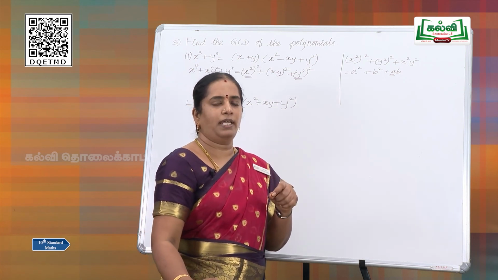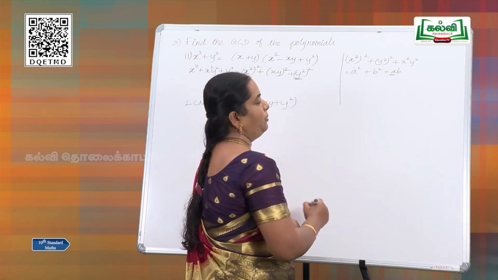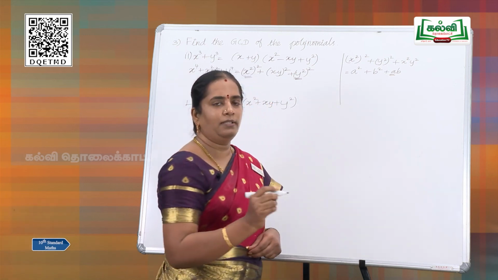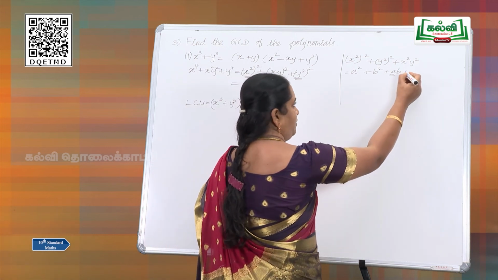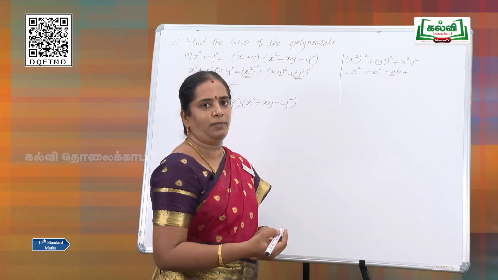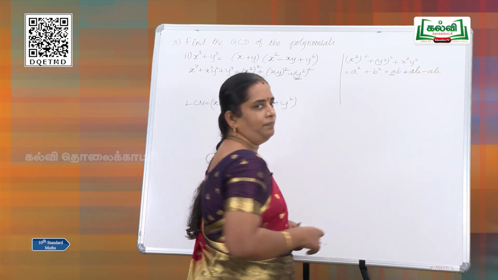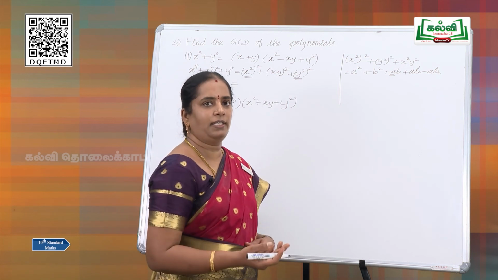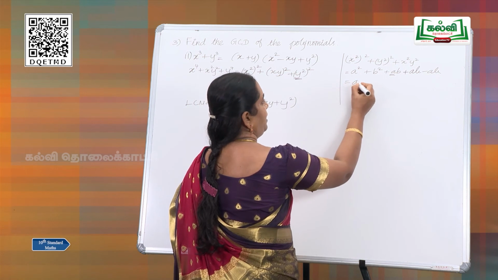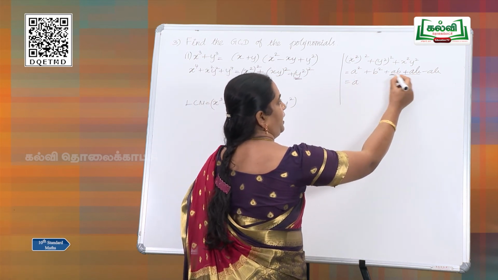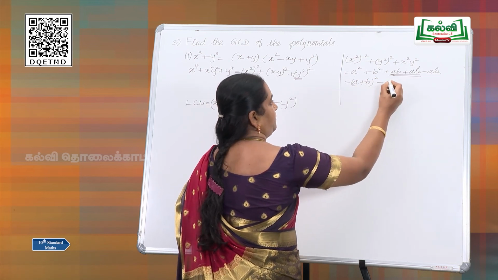So, take a as x square and b as y square and substitute in the formula, but we have a formula a square plus b square plus 2ab. So, we need one more ab to complete that formula. So, I am going to add ab and subtract ab. So, I have not changed anything. So, we are adding and subtracting ab. So, that becomes a square plus b square plus 2ab, that is a plus b the whole square minus ab.